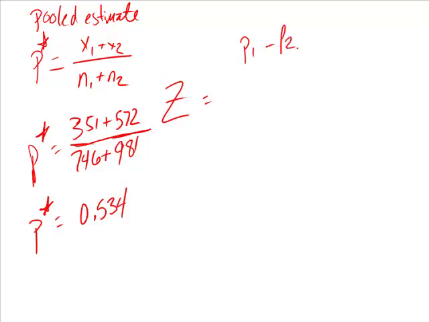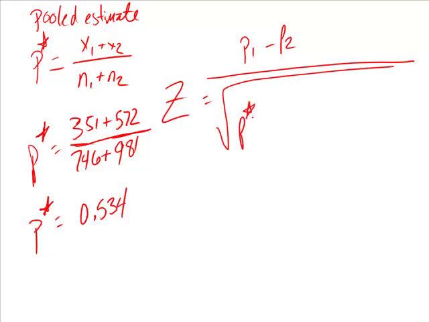P1 minus P2 over the square root of P star times 1 minus P star, times 1 over N1 plus 1 over N2. Okay. So what is this?